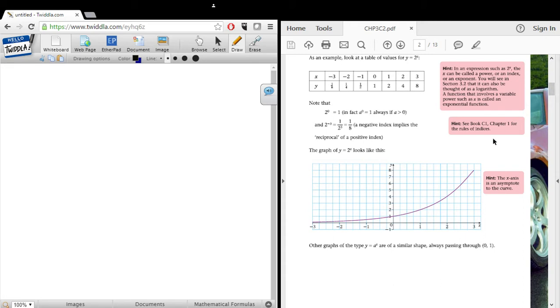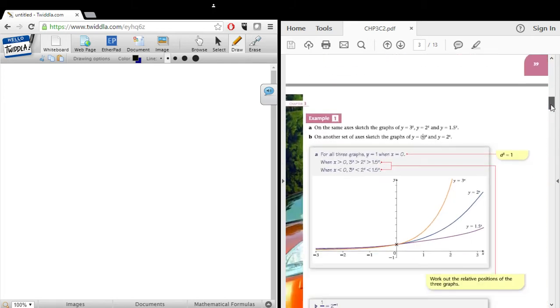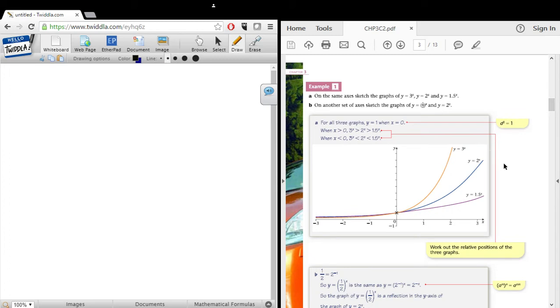And again, it highlights here C1 chapter 1 for the rules of indices. If you remember, we went over this, and we should be on top of it and recognize it straight away. So the difference between the figures here is that as the number is larger, when you take that power, it will grow exponentially faster and quicker.